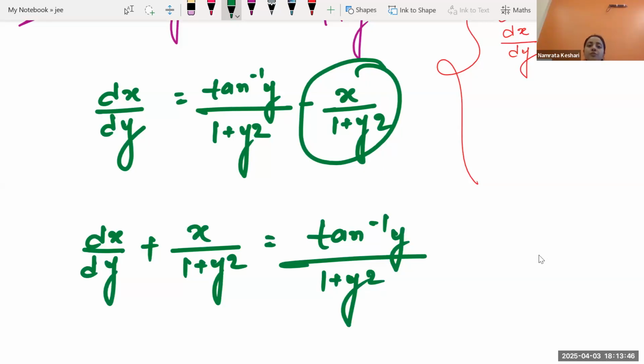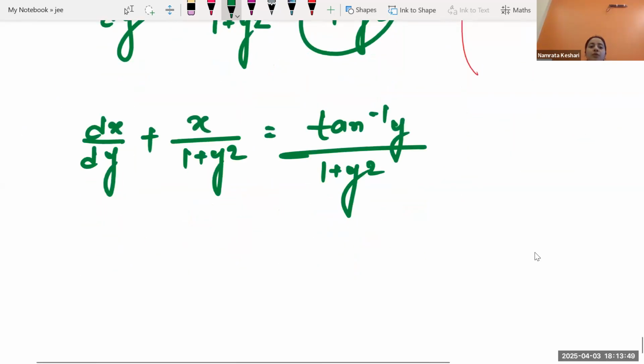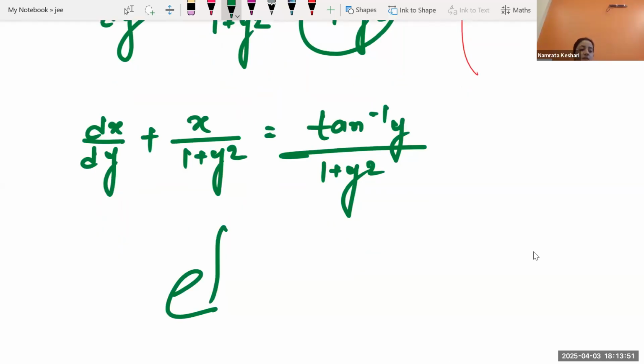If we have to do the integrating factor, we will find e to the power p dx. Please find integrating factor.